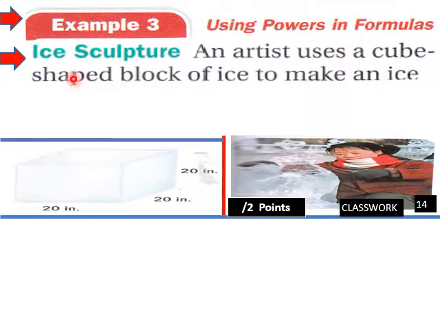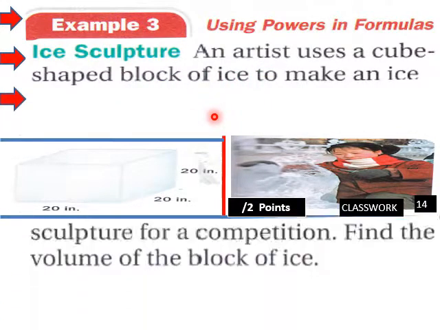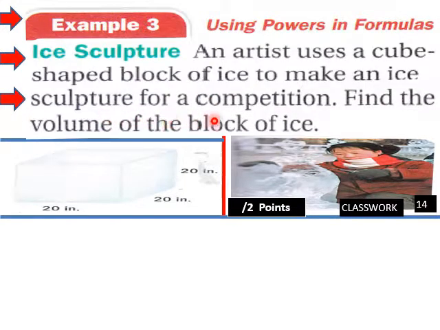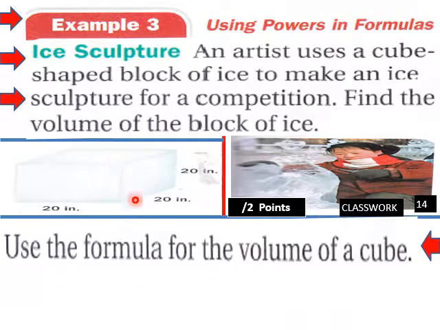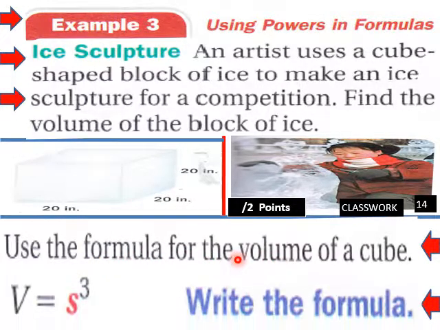Using powers and formulas: ice sculpture. An artist uses a cube-shaped block of ice to make an ice sculpture for a competition. Find the volume of the block of ice. So here are our dimensions, 20, 20, and 20. How would we find the volume of that block? Use the formula for the volume of a cube. So volume equals S cubed.